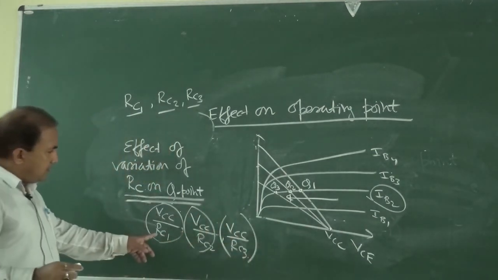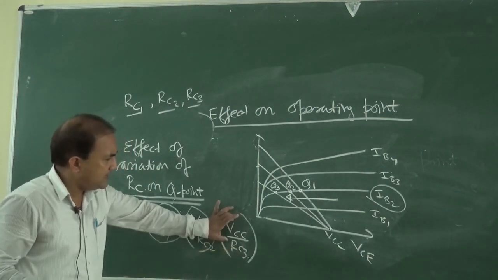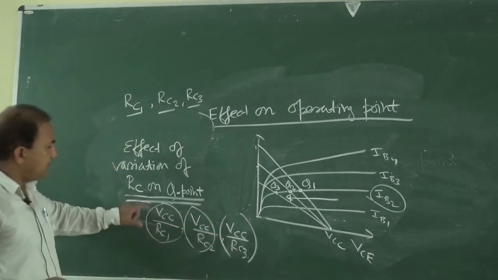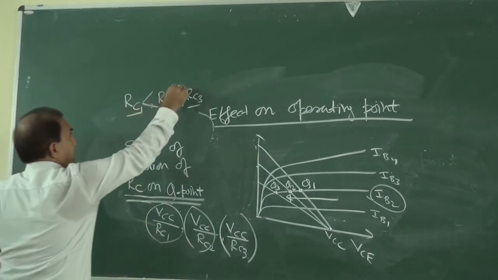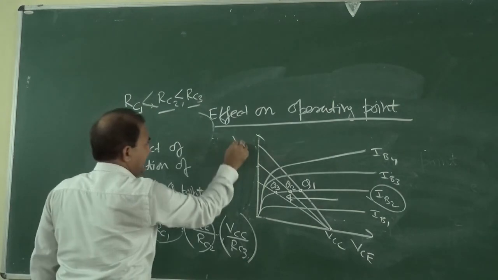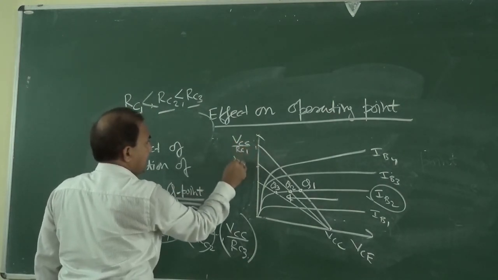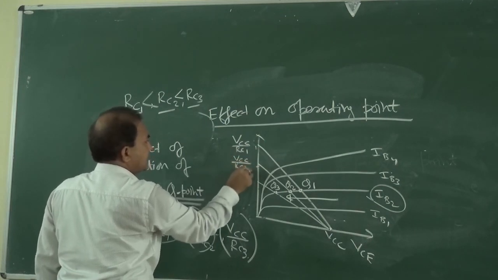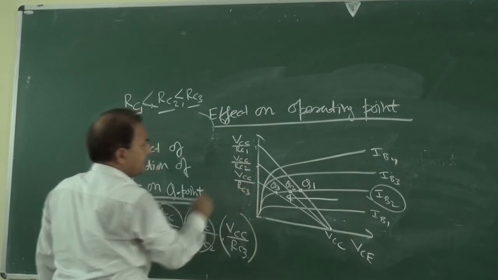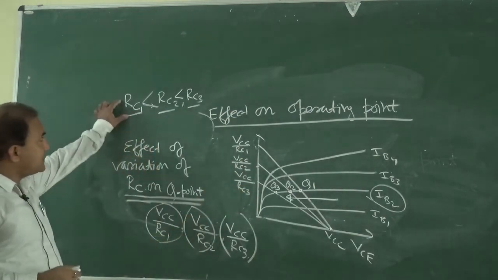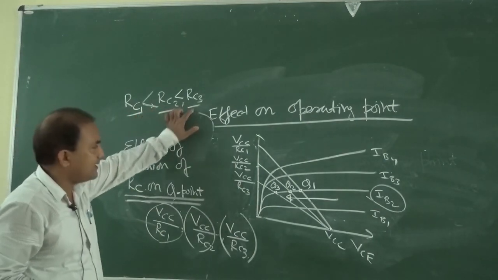Now, if RC is high, then this term will be less, and if RC is low, it will be higher. So this is VCC by RC1, VCC by RC2, and this point is VCC by RC3, where RC1 is less than RC2, which is less than RC3.